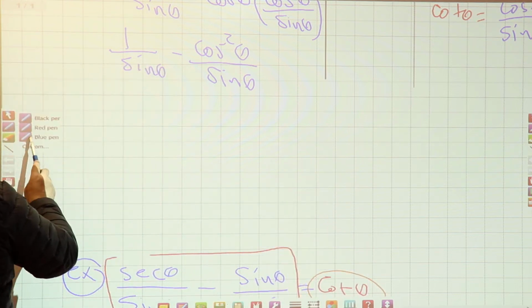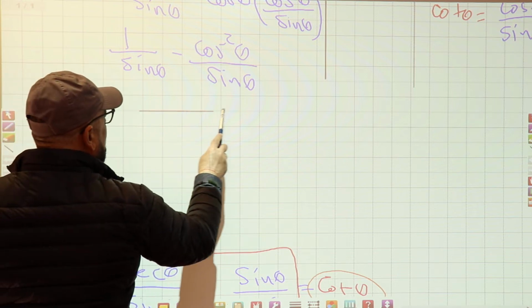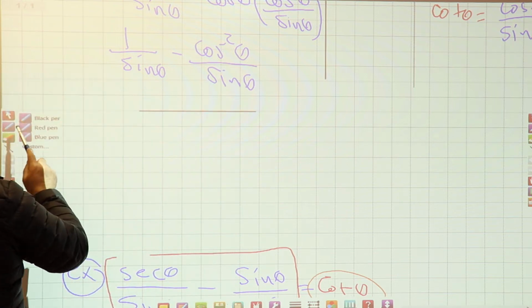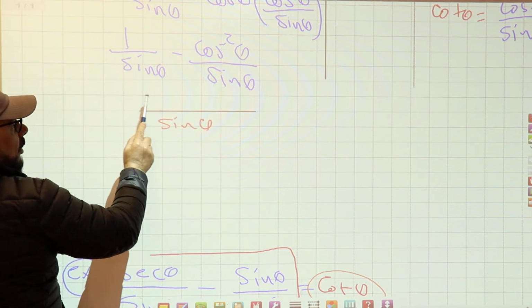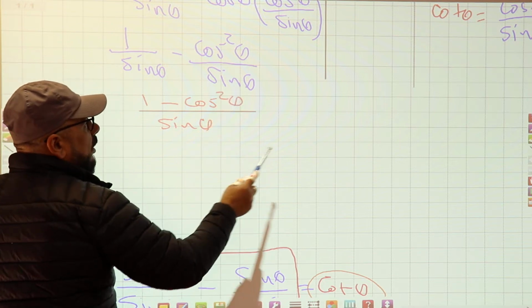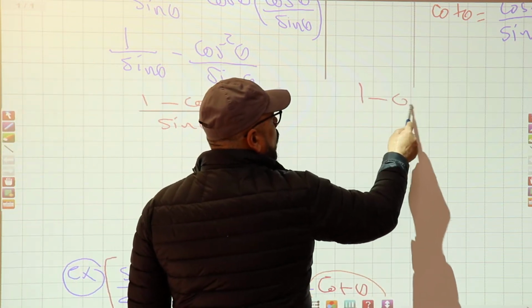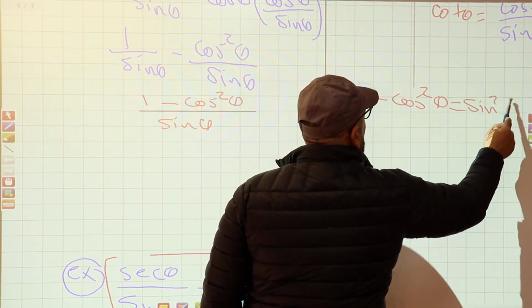Okay, since I have the same denominator, which is sine theta, in the top I have 1 minus cosine square theta. And you remember from before, 1 minus cosine square theta is sine square theta, right?